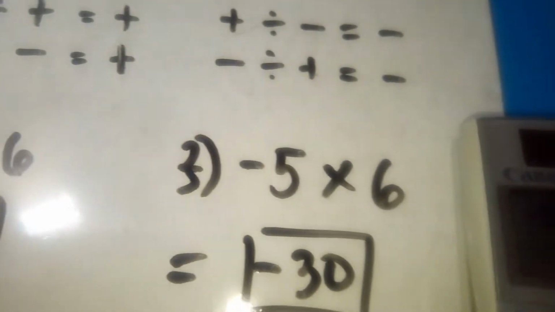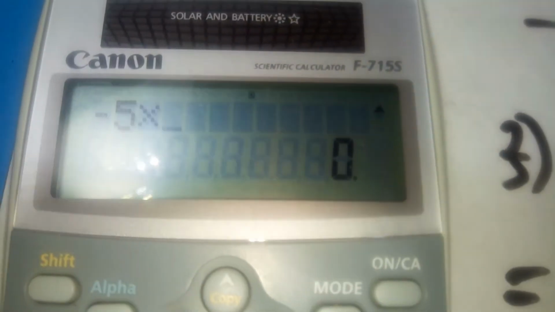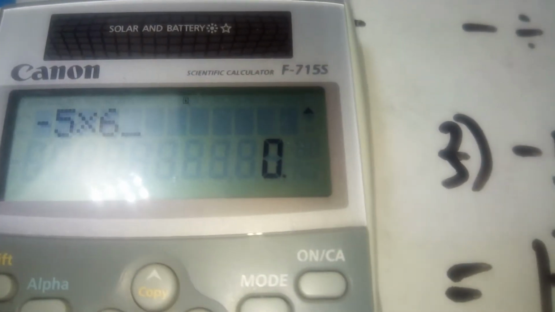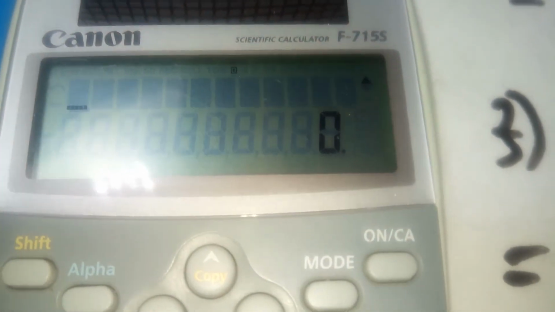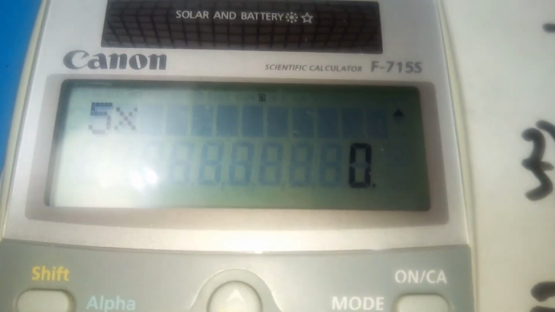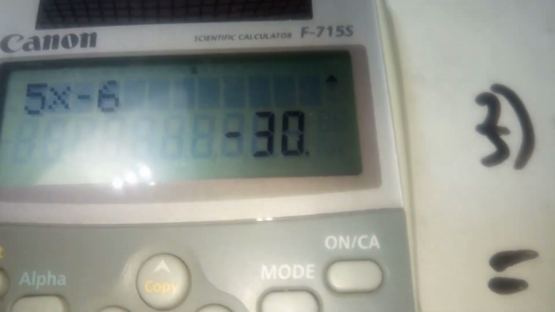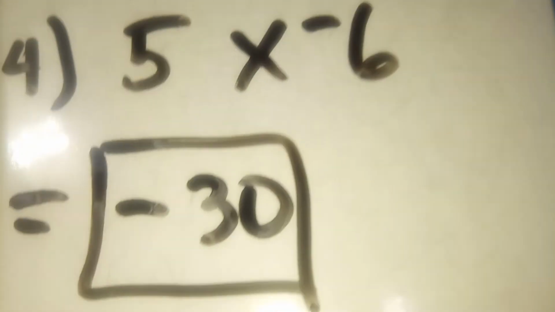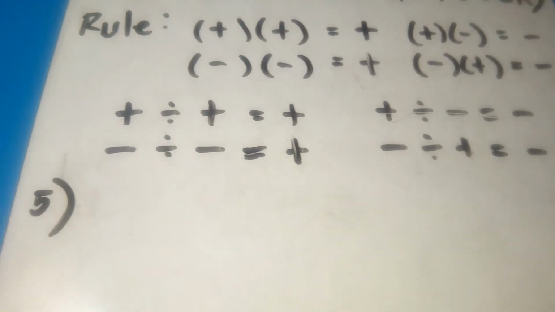Then if negative 5 is multiplied by positive 6, the result will be negative 30. How about a positive 5 multiplied by a negative 6? The result also will be negative 30. So it's the same. Let's continue with division.